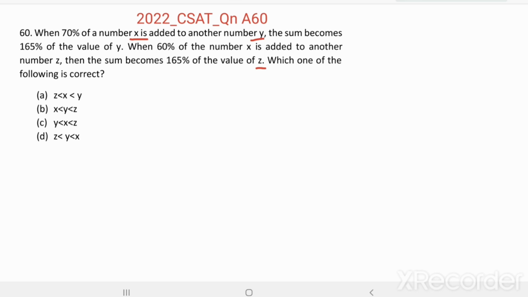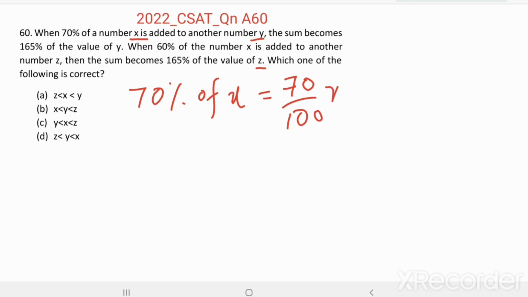Then 70% of number x is added to another number y. 70% of x we can write as 70 divided by 100 into x, which is equal to 0.7x.